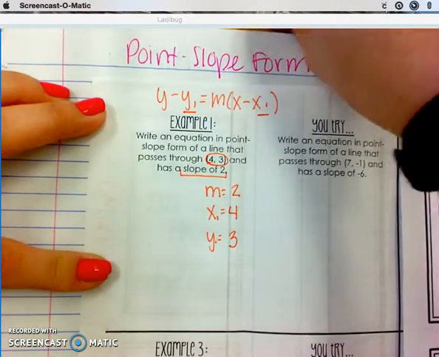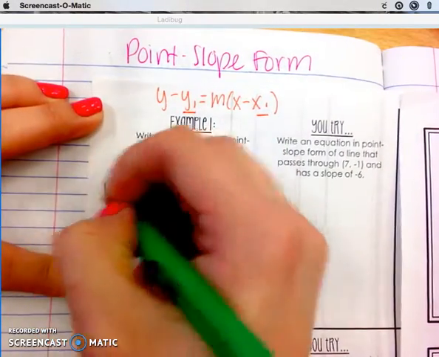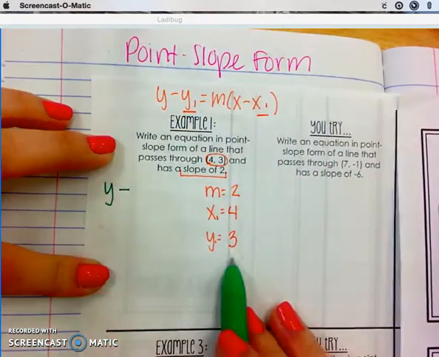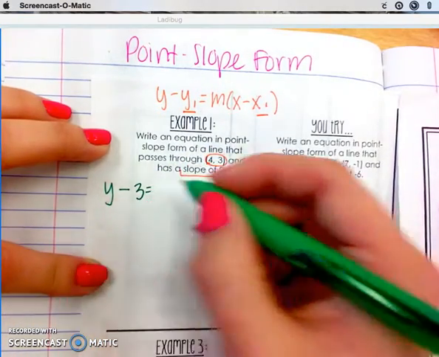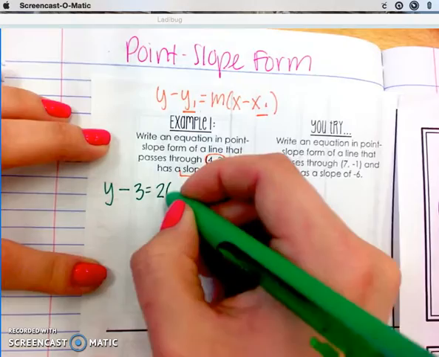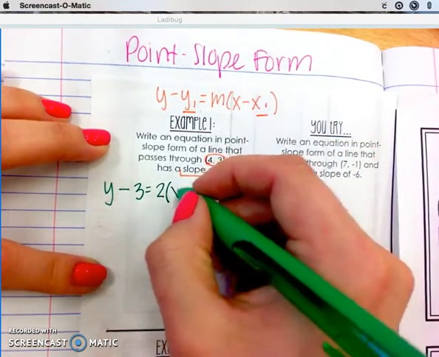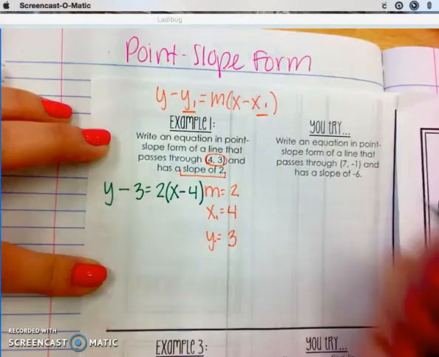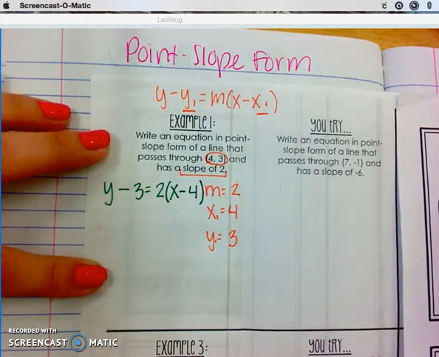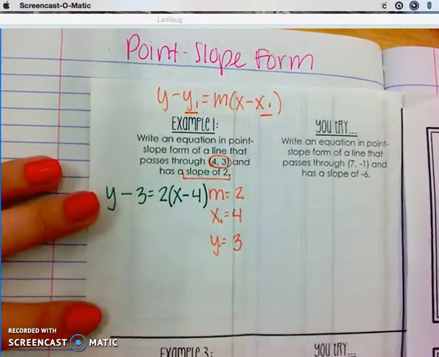So to write your equation, y minus, what is y1? It is 3, and it equals my slope of 2 times x stays the same minus x1, which is 4. You could try that again.